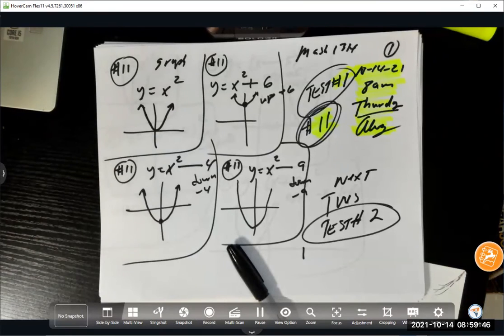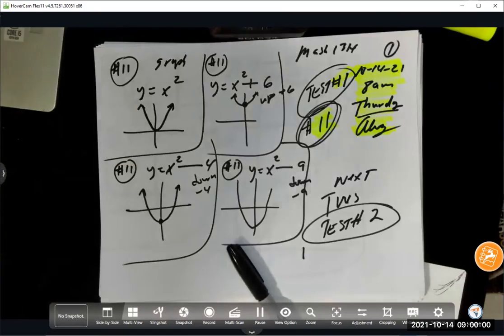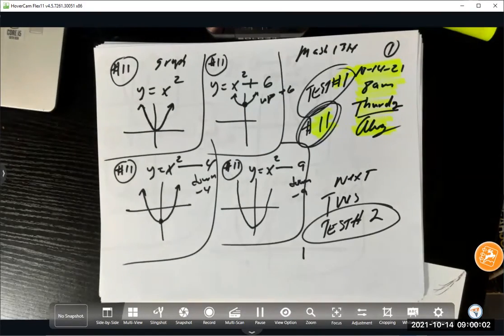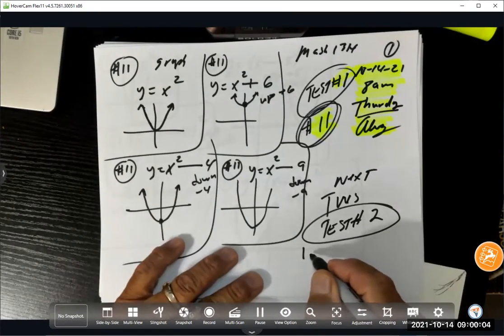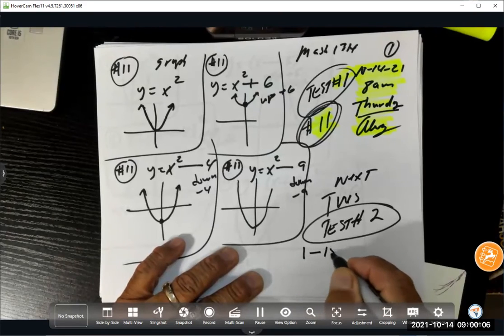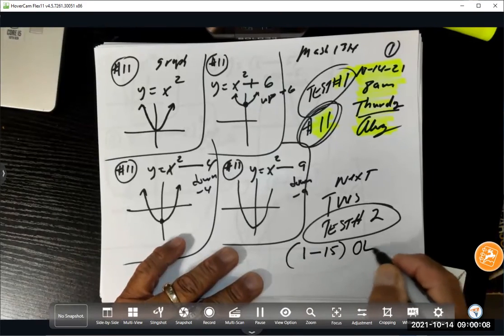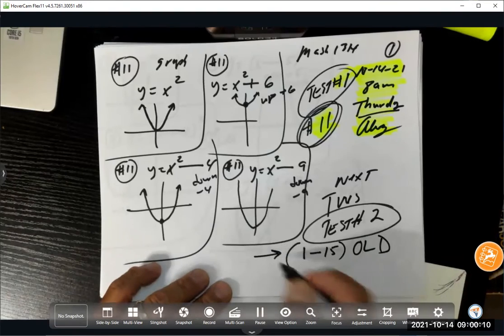Looking at it right now. All right, 15. All right, so test number 2, questions 1 through 15 are old.